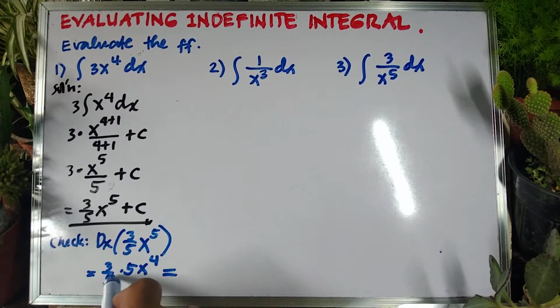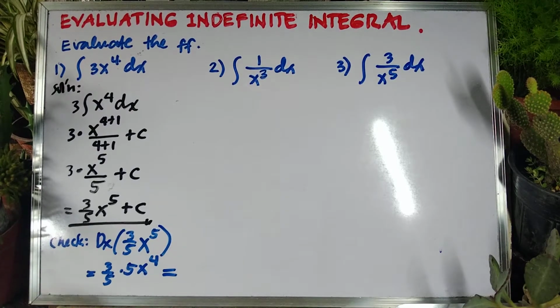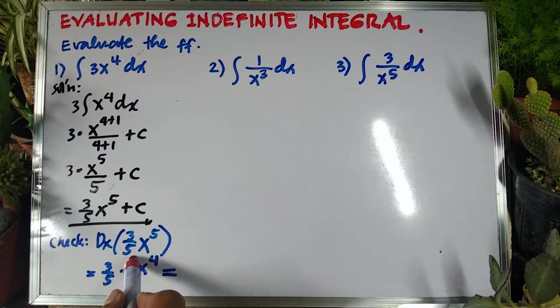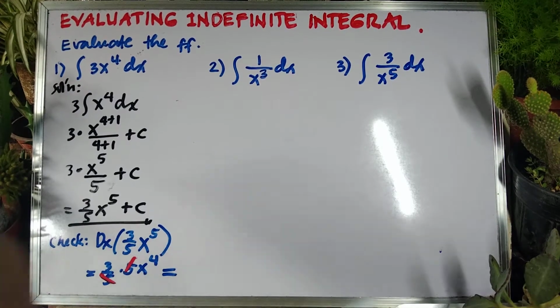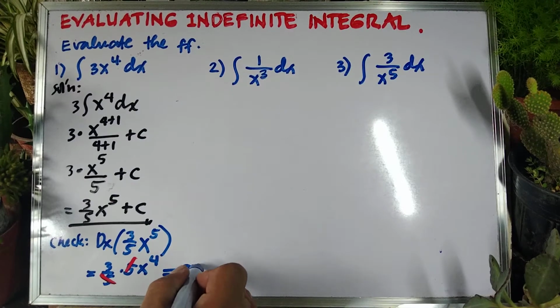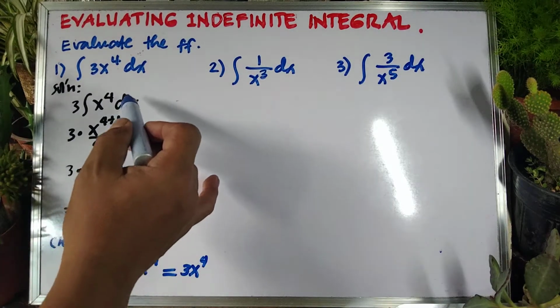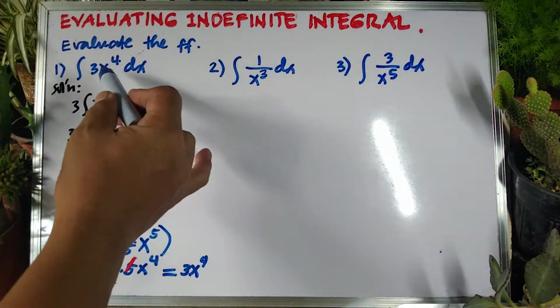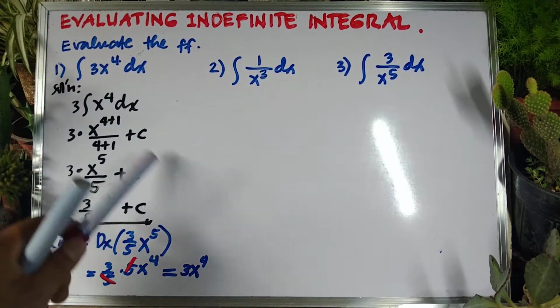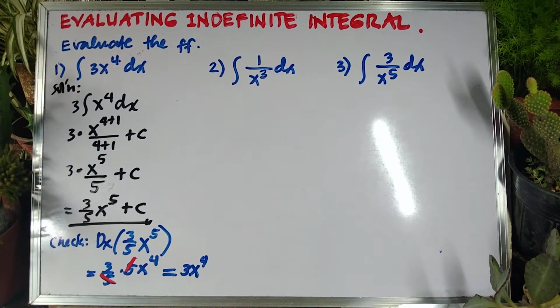You have 3 over 5 times 5. Makakancel natin si 5. So, what is left? You have 3x to the 4, which is correct. Tingnan nyo yung given, 3x to the 4. Ganyan lang yan kasimple.